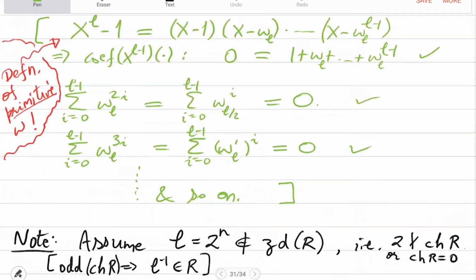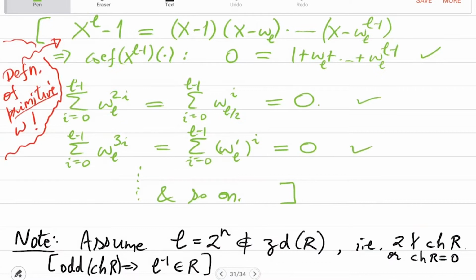So if your ring is not the complex field, you should take the definition of primitive omega as this: omega is such that this identity holds. This identity star is what you want to call omega a primitive Lth root of unity, because this is really what you need. Anything else we don't care.